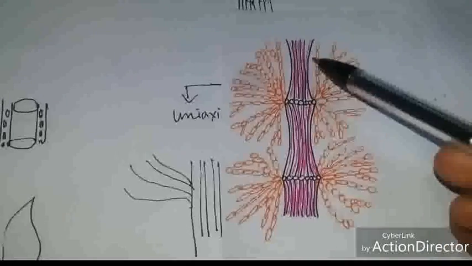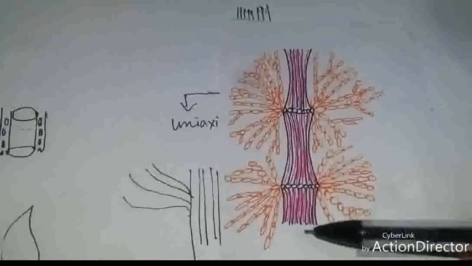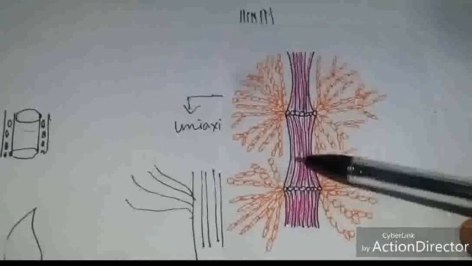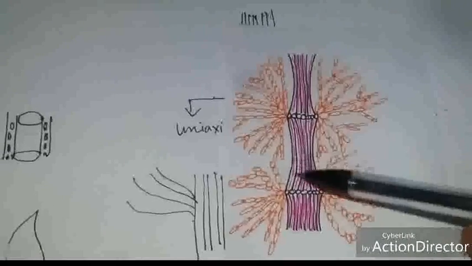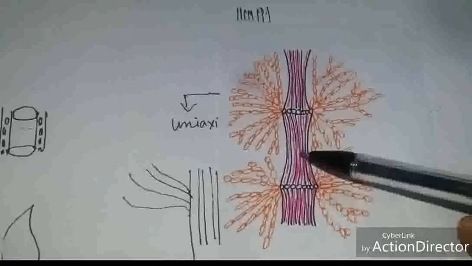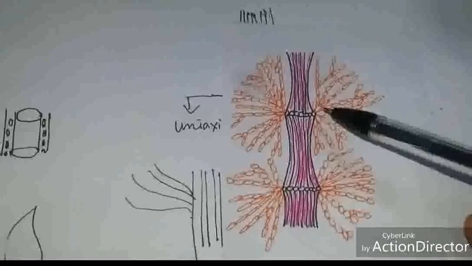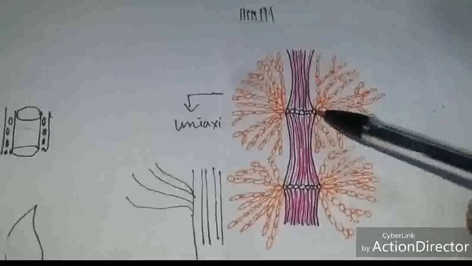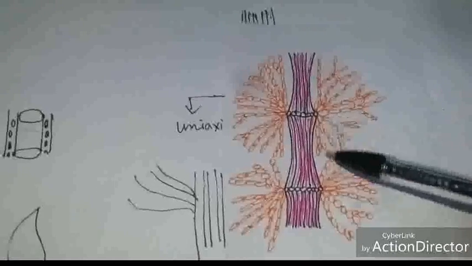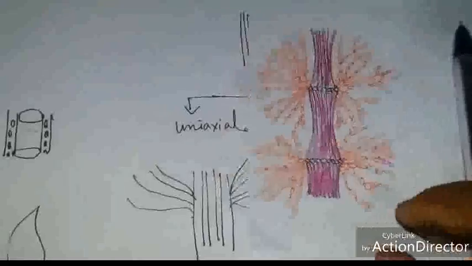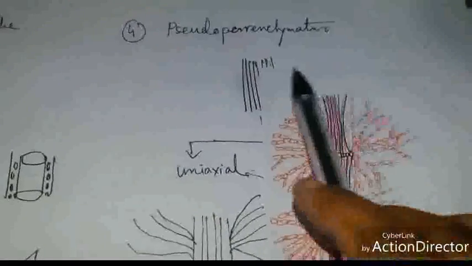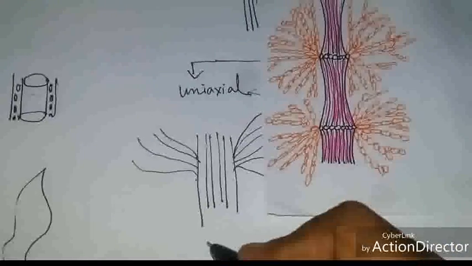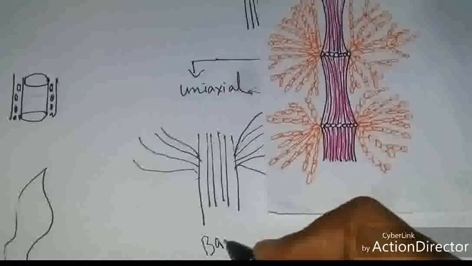Here many filaments are arranged together and look like, if sectioned, they are made up of parenchymatous cells, and here many lateral branches arise from a particular node. So it is an example of uniaxial pseudoparenchymatous thallus. An example of it is Batrachospermum.